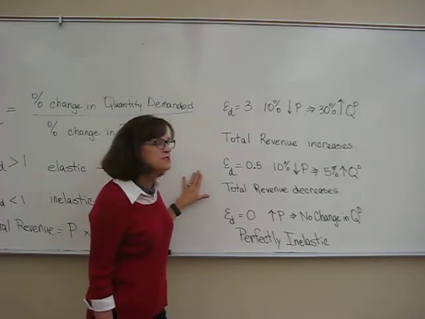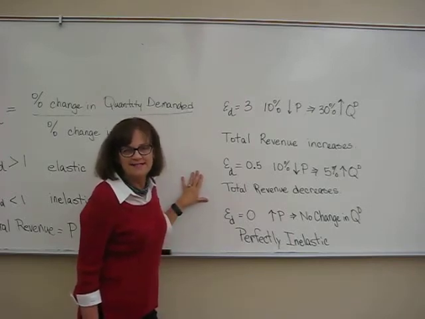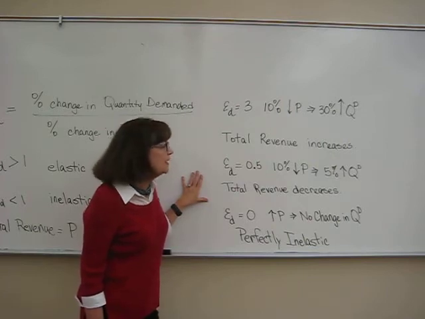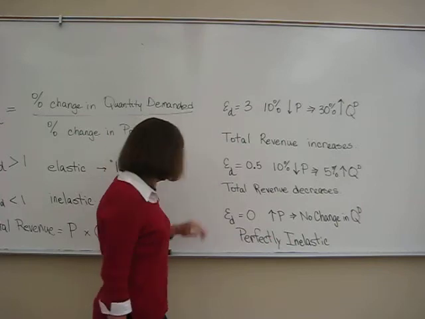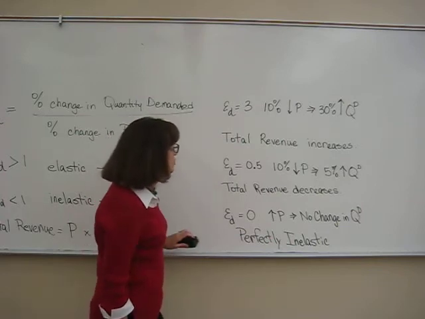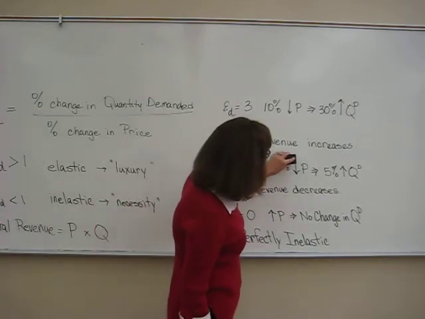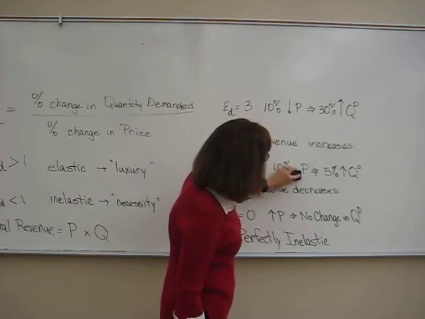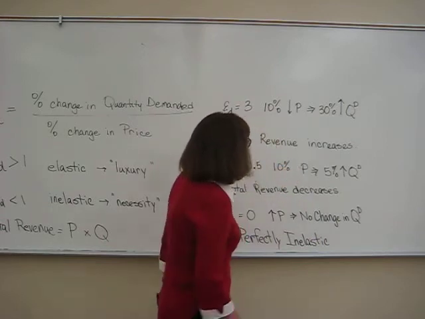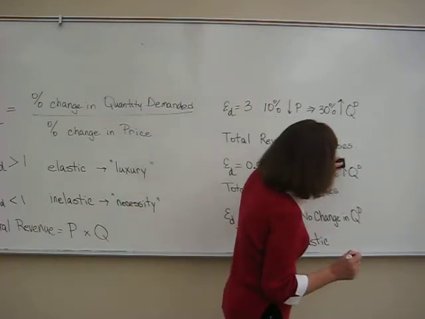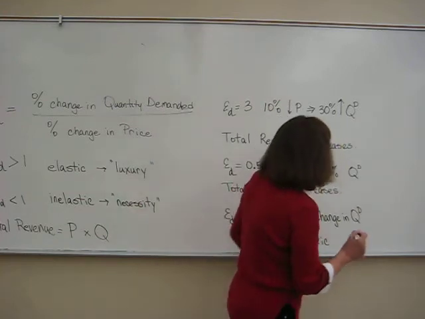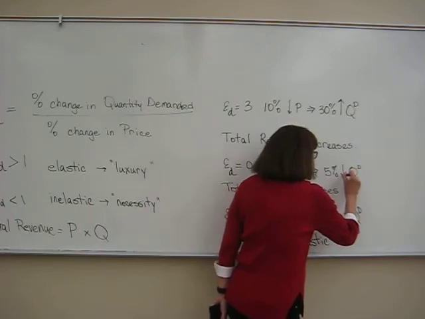So if you sell a good with an inelastic demand, you're going to want to increase the price to increase the revenue. So if you increase the price 10%, your quantity demanded is only going to go down by 5%.